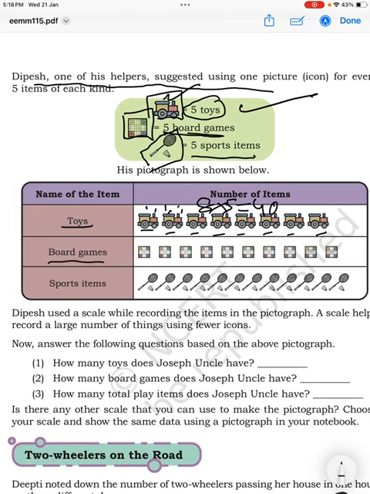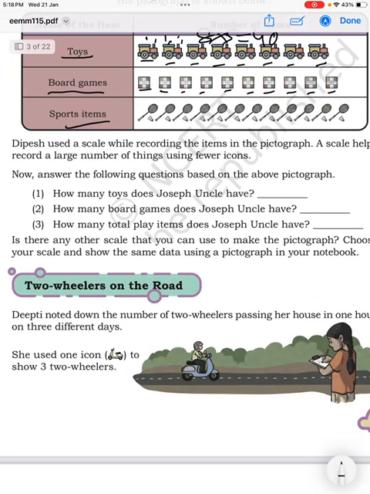Board games: you can see 1, 2, 3, 4, 5, 6, 7, 8, 9, 10. Each picture shows 5 board games, so 10 fives are 50. Similarly, for sports items, you will count the number of rackets and then multiply by 5 and you will find the number of sports items.